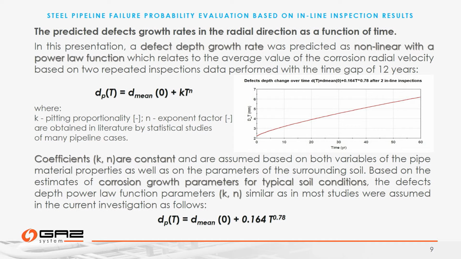The model of corrosion growth in depth, also in radial direction, was described by this equation, which is in the literature called a power law function, with depth, initial depth as a mean value, and pitting proportionality and pitting exponential factor, also the k and n.